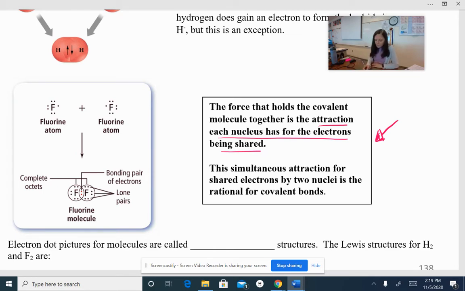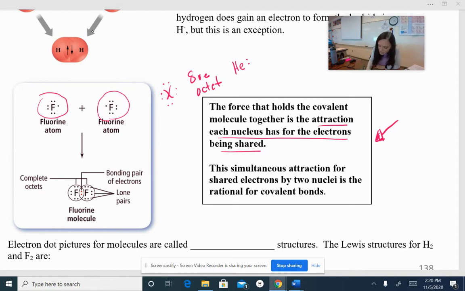So let's look at fluorine really quick. Fluorine has 7 valence electrons. When we look at noble gas configurations, we are always looking for 8 valence electrons, or an octet. The only exception to that rule is helium with 2. So fluorine is just 1 electron shy of having 8 valence electrons with its 7.